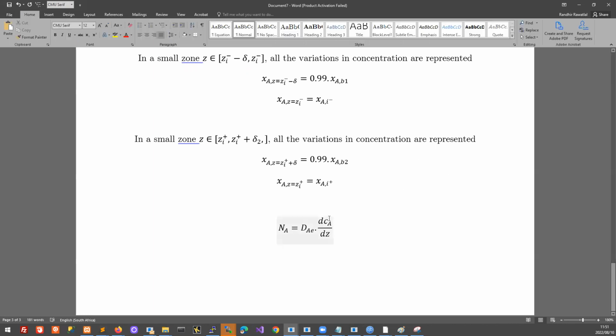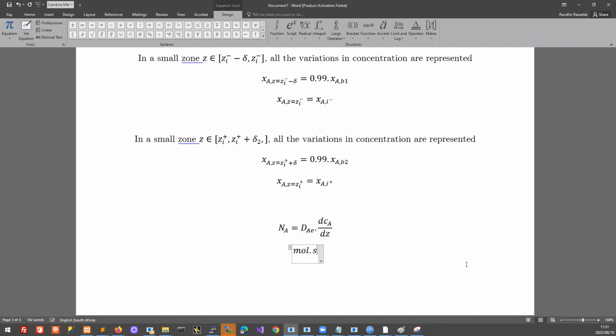And if you look at this, on the left-hand side, you have units of moles per second, and this is per area, so per meter squared. So that's on the left-hand side, right? You agree, these are the units of molar flux, right? There's molar rate, moles per second, and then it's a flux, so per area, per square meter.